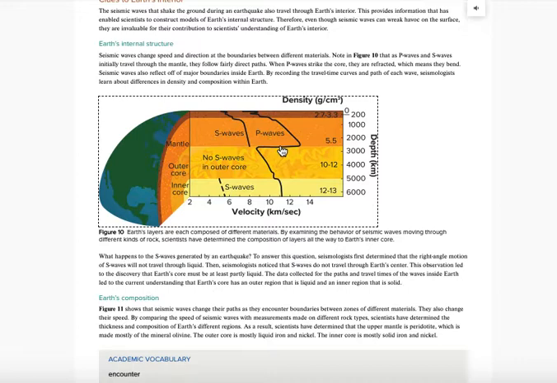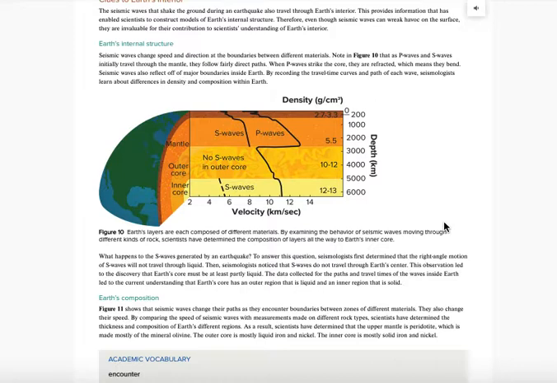The rate by which an earthquake wave travels tells us what kind of substance it's going through. For example, an S wave goes up and down, and S waves, like an up and down motion, don't move through liquids.